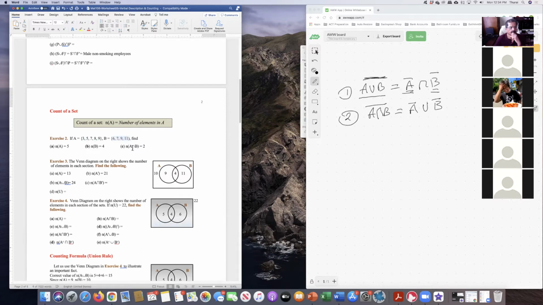A intersection B has 7 and 9, so 2 elements in the intersection. I understand that part, but I thought we were going to do the same thing in exercise 3, but instead we're adding. Exercise 3 doesn't give you how many elements are in A. The 9 here is the elements that are in this section. I think you have trouble seeing that.